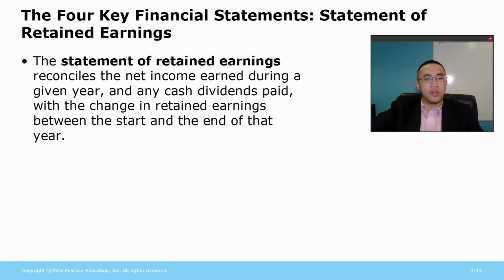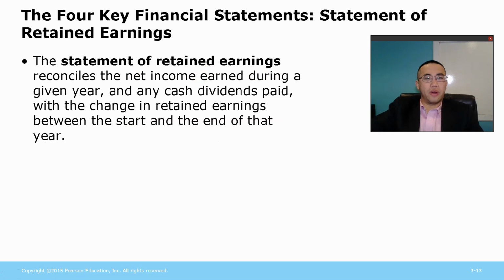Another financial statement here is the statement of retained earnings, or we call it the statement of owner's equity. Retained earnings is a very important concept, and I want you guys to remember it. Retained earnings of this year equals retained earnings of last year plus net income this year minus the dividends of this year.